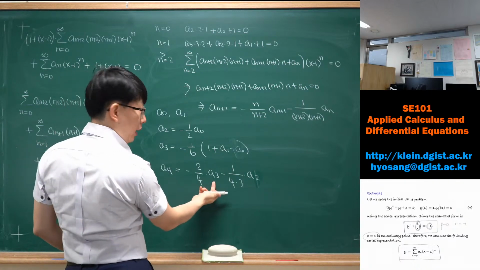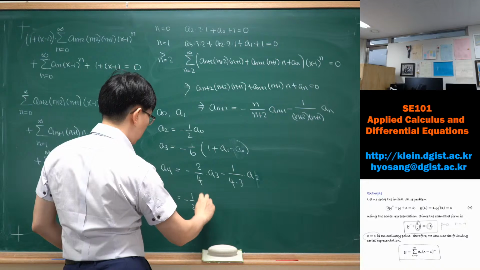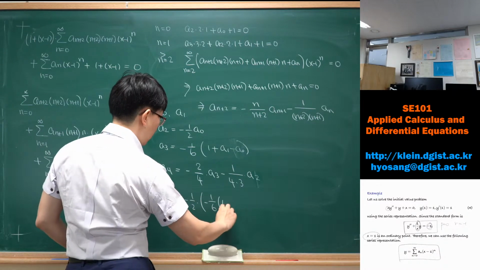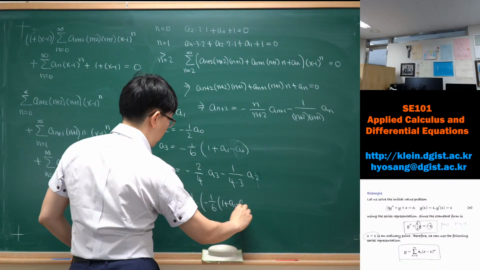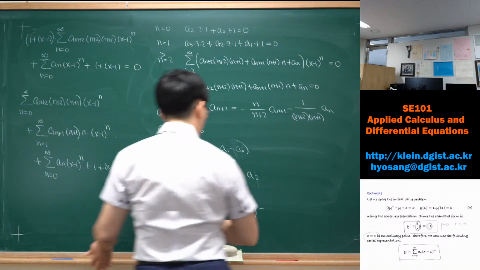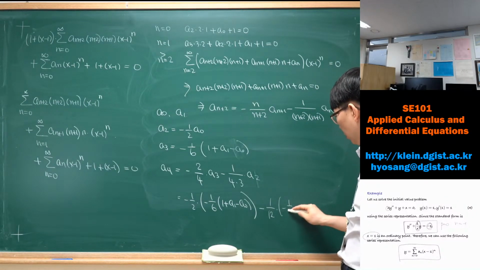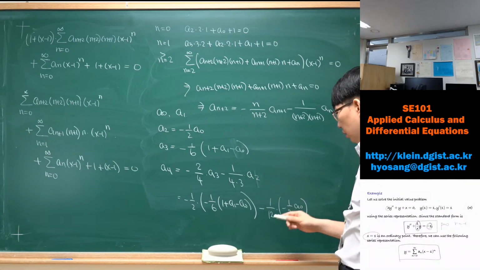Okay. Now I know what a3 is because of the previous computation. We have minus 1 over 2 times minus 1 over 6, 1 plus a1 minus a0. And I know what a2 is. It's minus 1 over 2 times minus 1 over 2 a0.